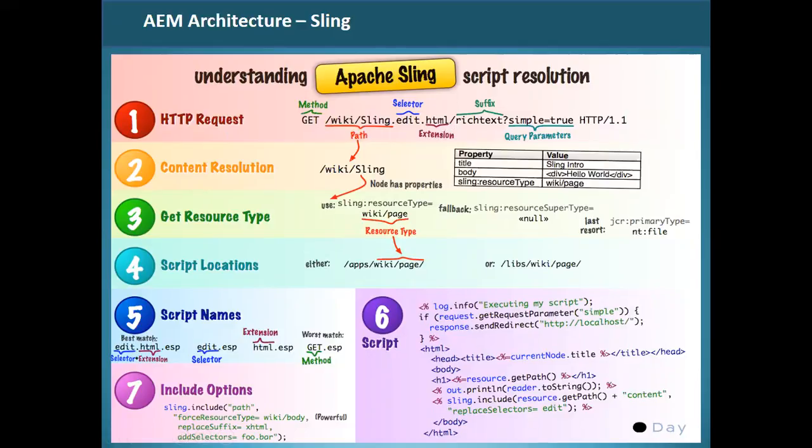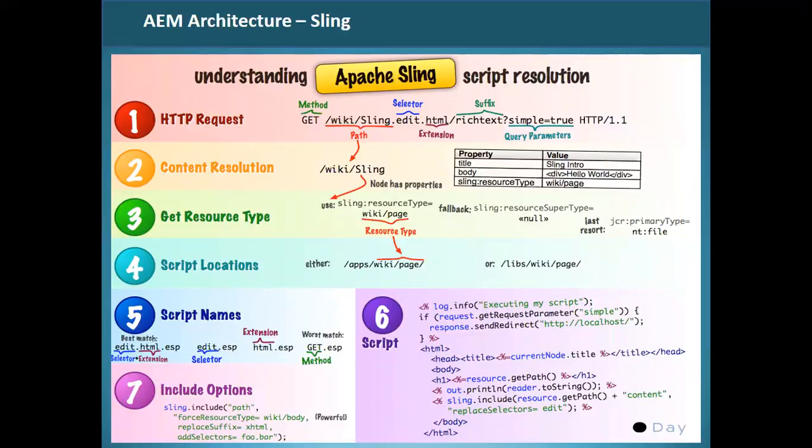What happens is, when you hit this wiki/sling.edit.html in the browser, it first takes the path up to wiki/sling and checks whether that particular path exists in the CRX.